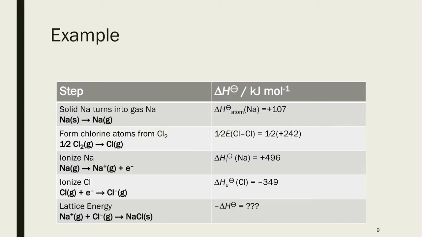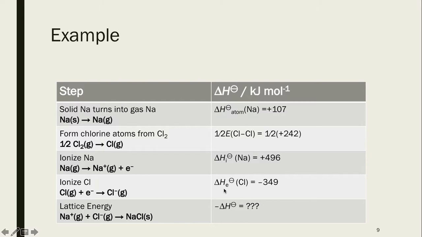From the previous slide, we then turn those gaseous atoms into gaseous ions. So first we take the sodium and turn it into the sodium ion, and that is the enthalpy of ionization. That's positive 496. We want to ionize that chlorine atom, and we do that through the enthalpy of electron affinity. That's what that delta HE represents, electron affinity.